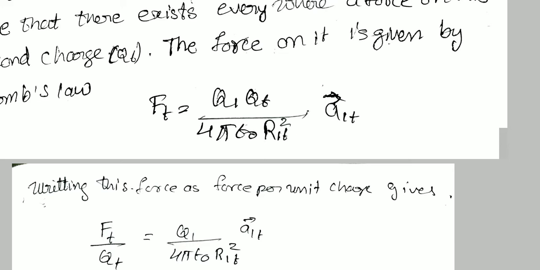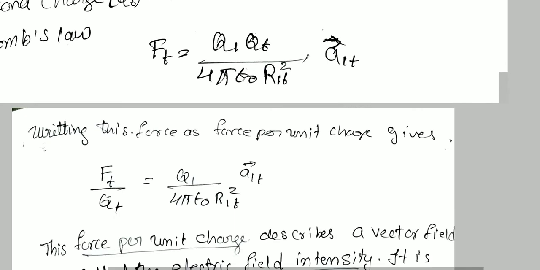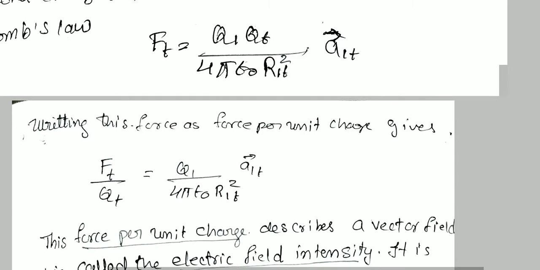There is a distance vector between Q1 and the test charge. This distance vector has a unit vector, given by this formula. In other words, this is the unit vector which indicates the direction of my force.